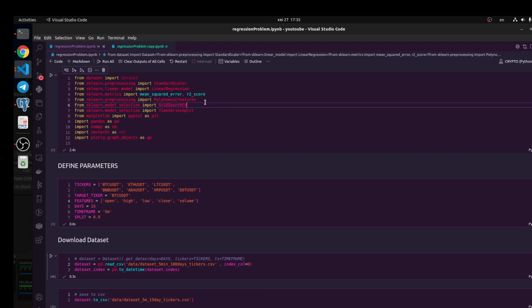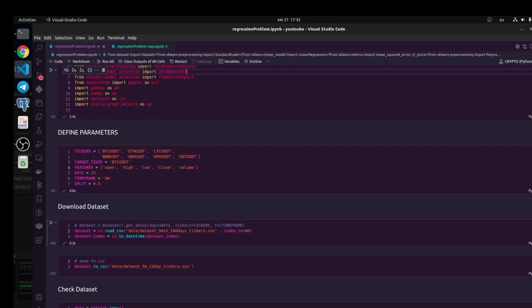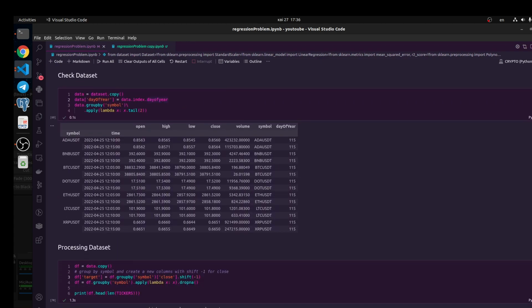So let's do it. I did some improvements. First, we should use more data. So we downloaded data for the last 180 days. It would be a 5 minutes time series, and for the tickers, and we need to test these ideas.